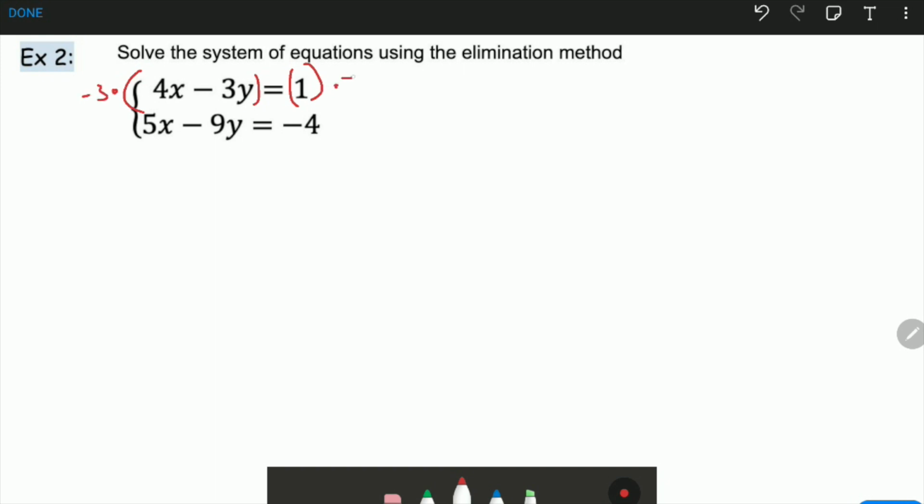If I multiply by negative 3, that will create a negative 12x, and then plus 9y equals negative 3. The other equation we're not doing anything with, so I'm just going to rewrite it.